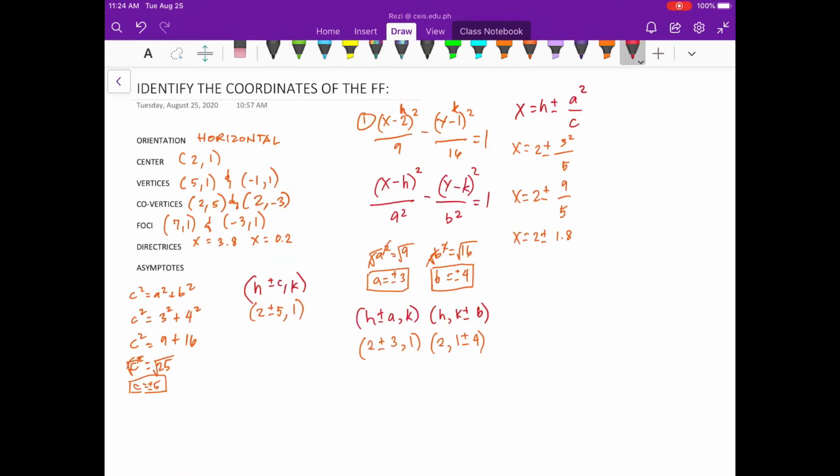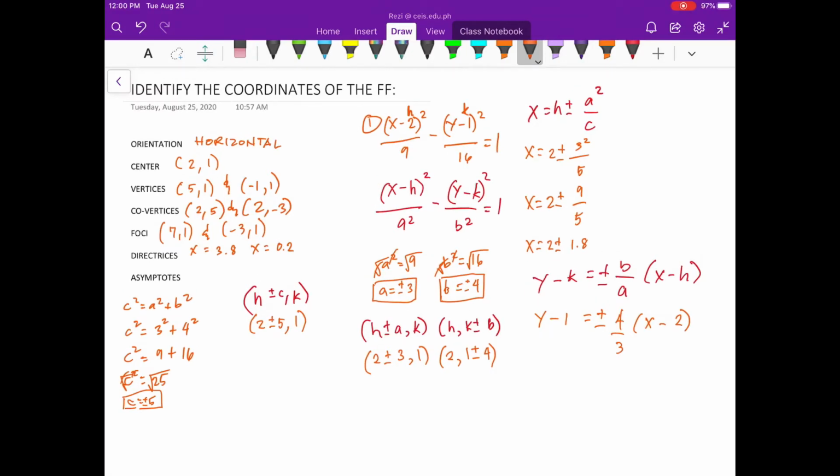For the asymptotes, we need this formula. Substitute the values we have. So we have the equation of the asymptote.